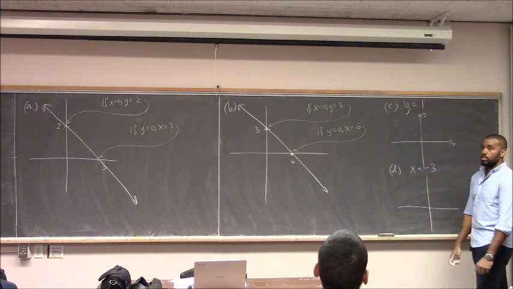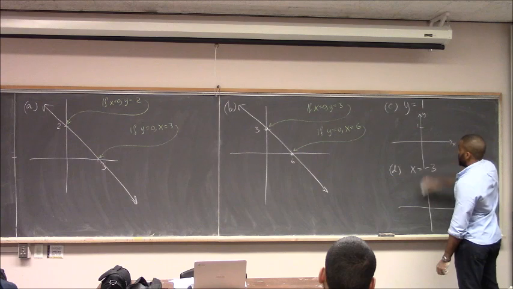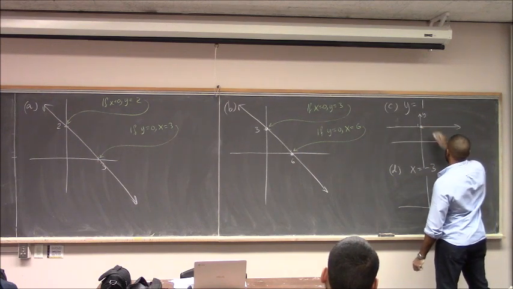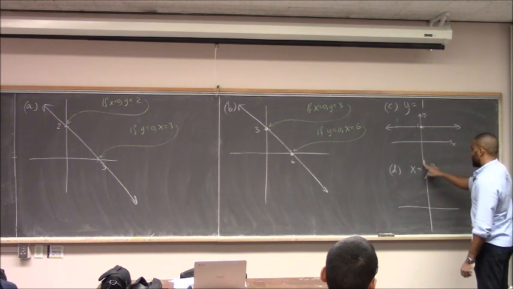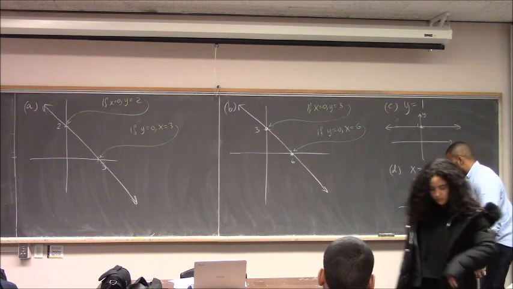This one, y equals 1? Horizontal line passing through y equals 1. So that's the picture here. This one is a vertical line passing through x equals -3. Pick a random point there. That's the line.